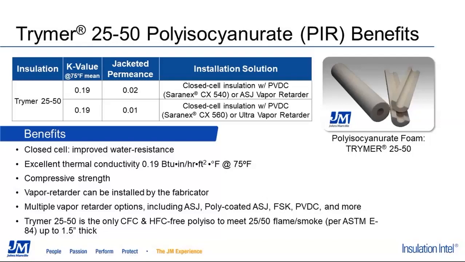It's also worth noting, as you can see in the last bullet point, that JM's Trymer 25/50 PIR is the only CFC and HCFC-free PIR insulation that meets this 25/50 rating.